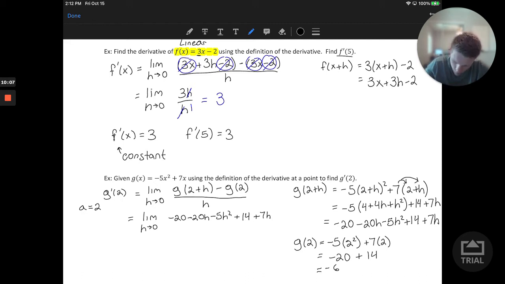Then we're going to subtract a negative 6, because that's my g of 2, and then divide by h.